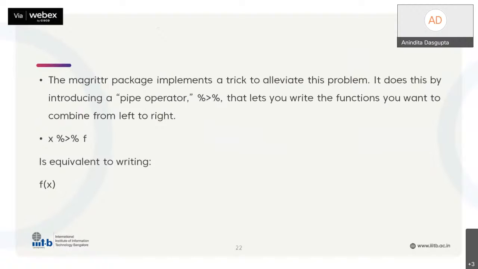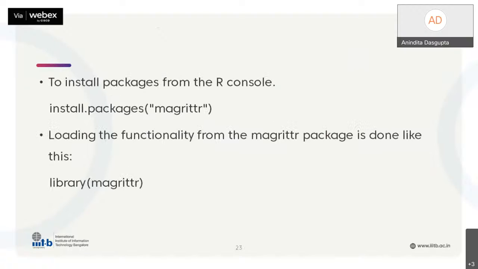When we want to combine functions, we can use percent greater than sign percent, which is a pipe operator. I'll refer to this as a pipe operator from later on. To do this, we have to install the magrittr package and call the library magrittr. These are essentials for the data manipulation which I'm going to show you.